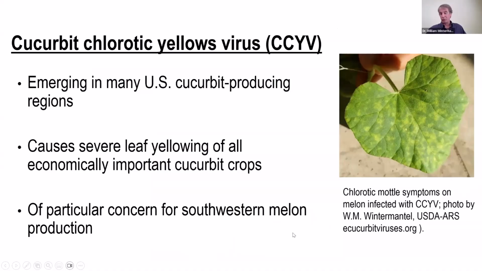Cucurbit chlorotic yellows virus, or CCYV as we call it, has been emerging very rapidly in the US since it was first identified. It causes a severe leaf yellowing of crops and is particularly, again, like CYSTV, very important for production in areas where melons are produced, largely because of the impact on fruit quality.